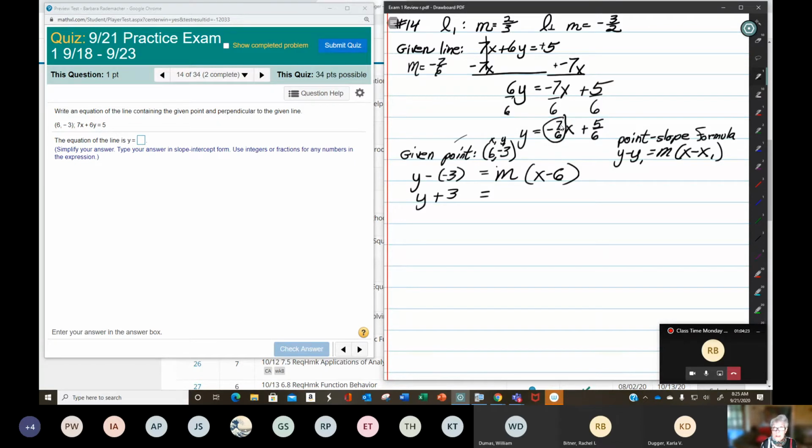And the reciprocal means I take the two numbers and flip them. So this will be positive 6/7 slope. Okay, I'll let you think about that for a minute while I guzzle some more coffee.